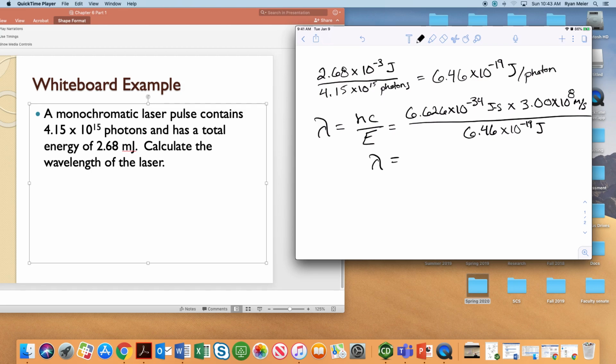Now, one thing I will emphasize here: in this chapter, more than probably any other, you will want to be really careful when using your calculators about scientific notation.